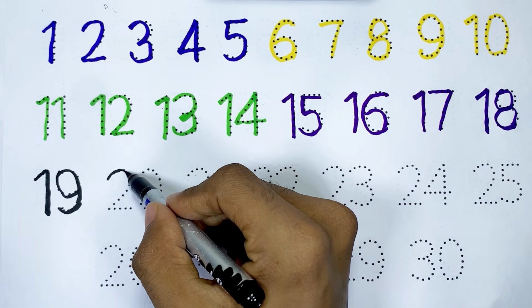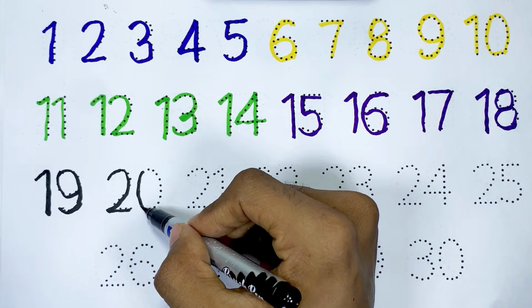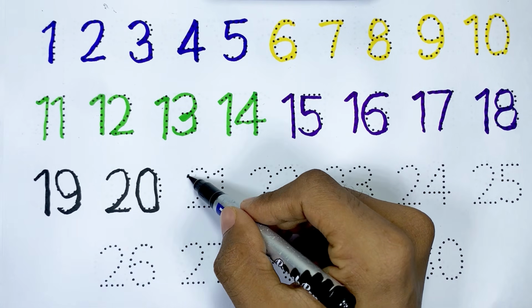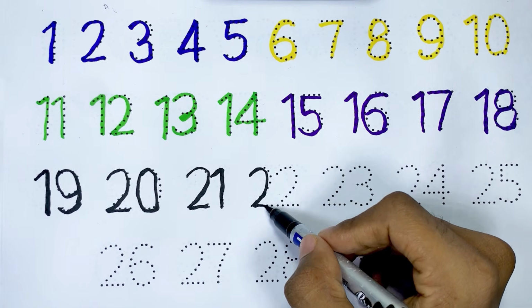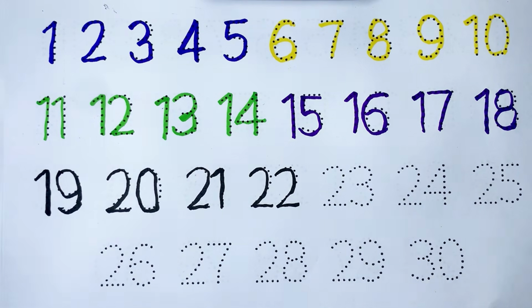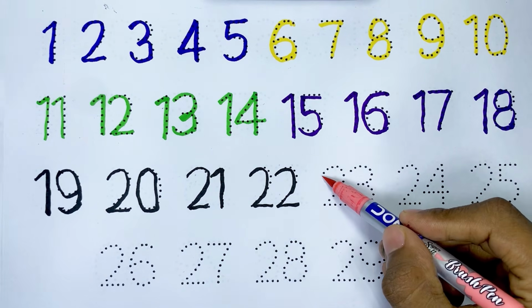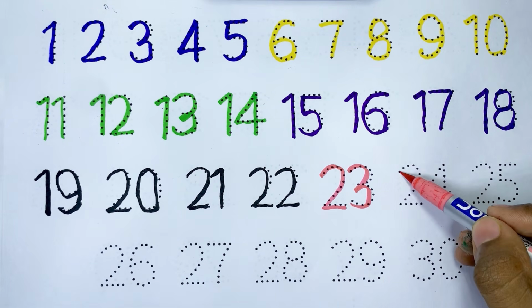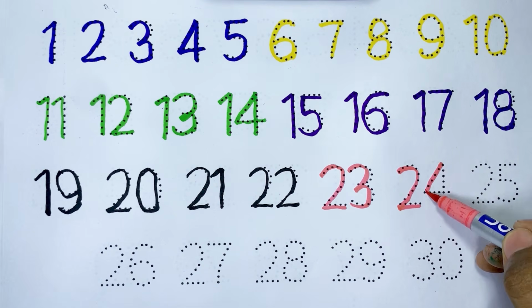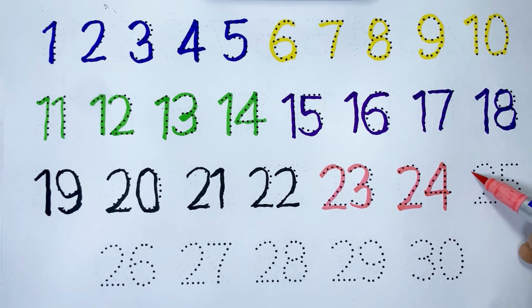19, 20, 21, 22. Kids now draw 23. 23, 24, 25.